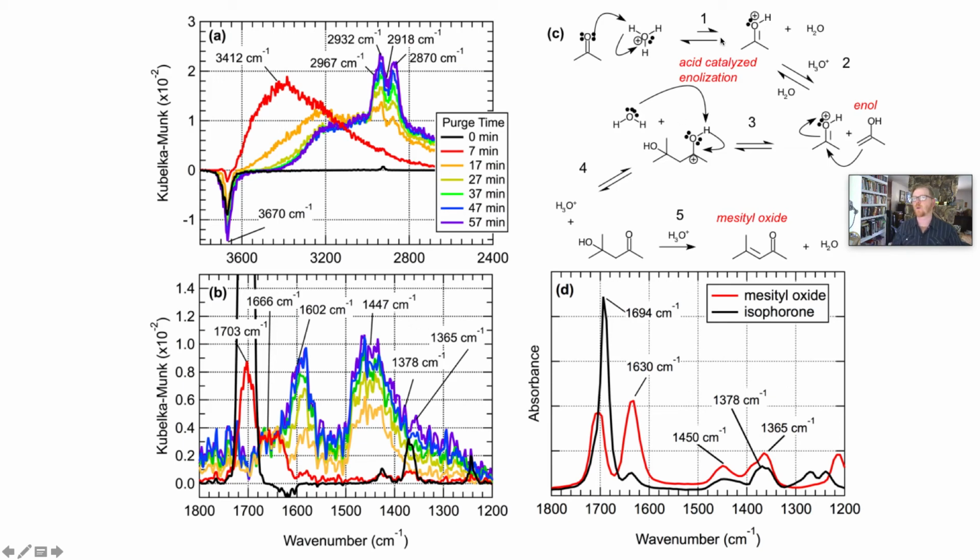So just as one example, in the first step, you get acid catalyzed enolization. So that creates a new hydroxide stretch, which is what we see right here. Or excuse me, not this new hydroxide stretch, rather, with this acid catalyzed enolization, it has water, right?